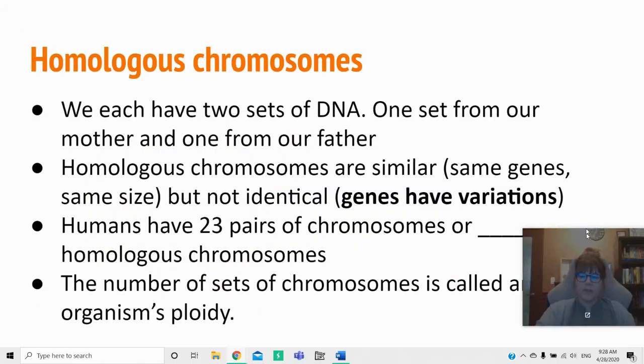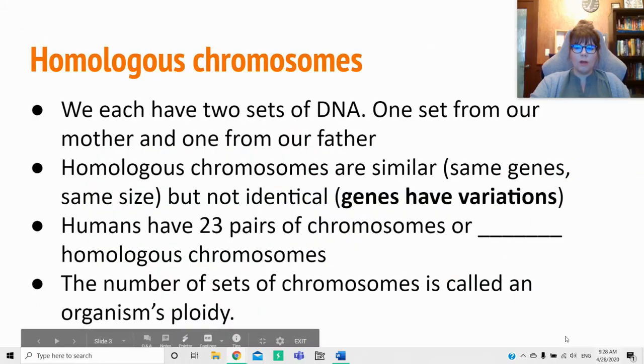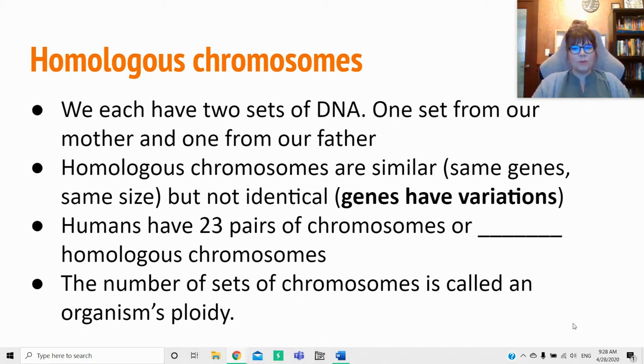So we're going to start today with homologous chromosomes. All right. So in your notes, you should be able to write these down as we go. We have two sets of DNA, one from our mom and one from our dad. Homologous chromosomes are similar in that they have the same genes that are the same size, but they're created with variation.